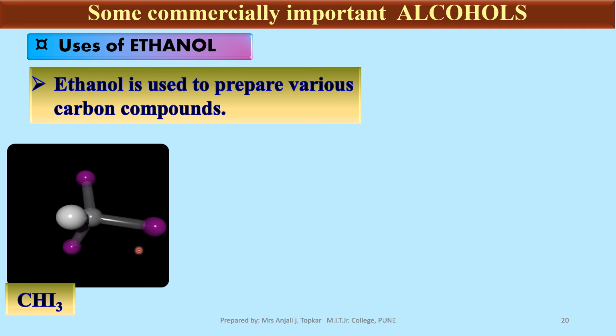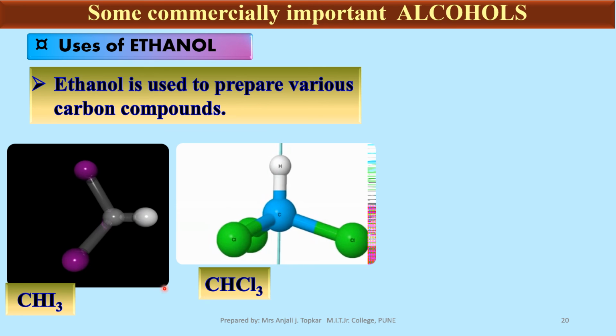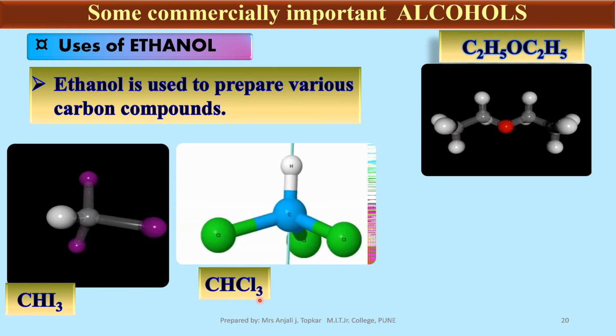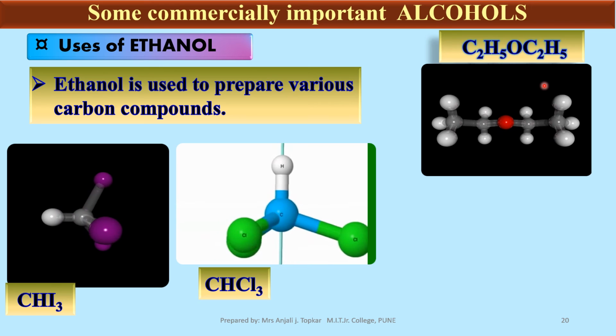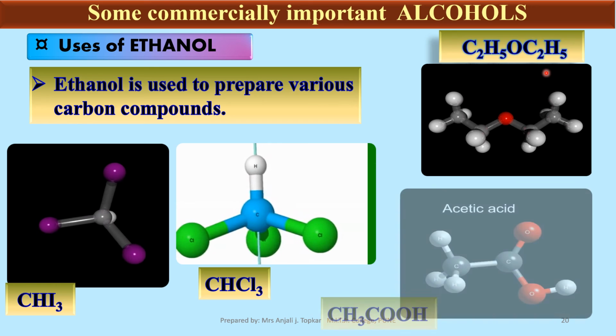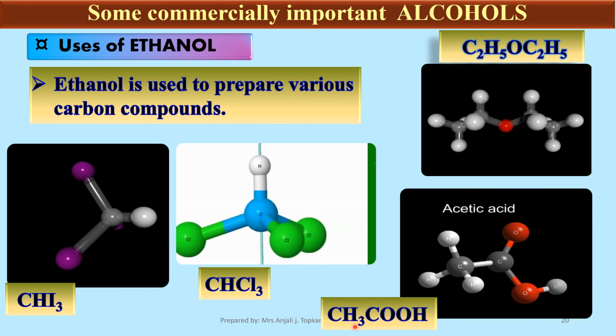Ethanol is used to prepare various carbon compounds like iodoform, CHI3, chloroform, CHCl3, diethyl ether, C2H5OC2H5, and acetic acid, CH3COOH.